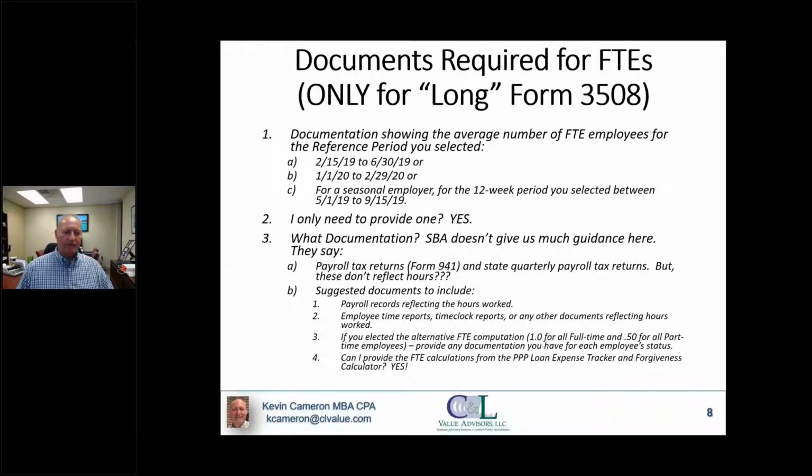So the interesting thing is one of the things I've been pointing out to people is that if you fill out the FTE calculation worksheets in the PPP Excel spreadsheet, I believe you can use that as your documentation. It's actually very thorough. It lists all the employees, it lists their hours worked, and I think that that would probably help you very much to maintain that. So if you're doing a long form, you definitely want to fill out the worksheets relating to the FTE calculations.